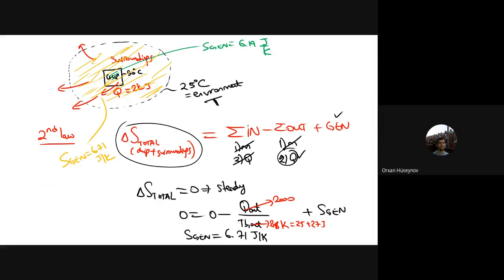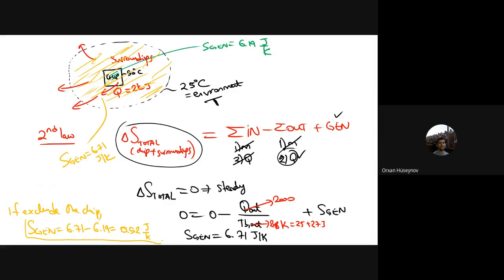So therefore, if we exclude the chip, then you will have the entropy generation equal to 6.71 minus 6.19, and that will be equal to 0.52 joules per Kelvin.